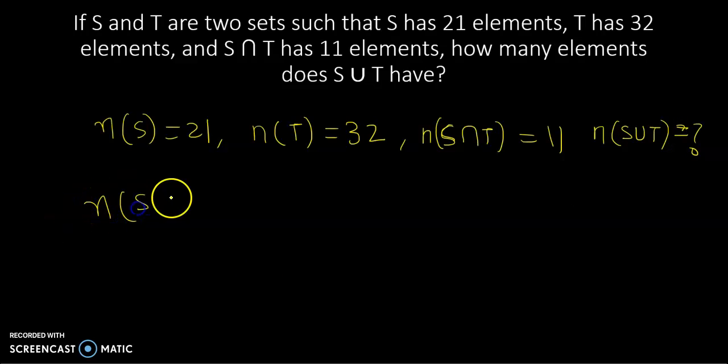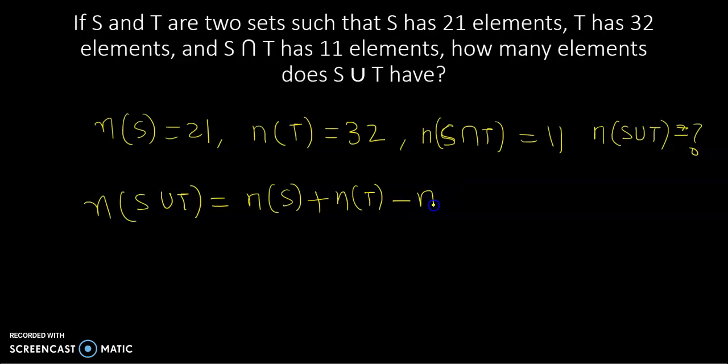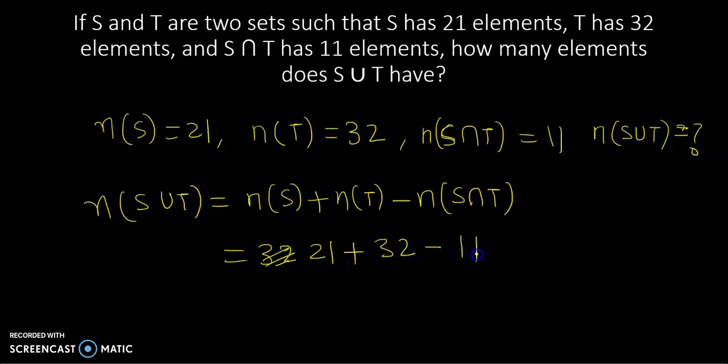The number of elements in S union T is the number of elements in S plus the number in T minus the number in S and T, which is 21 plus 32 minus 11.